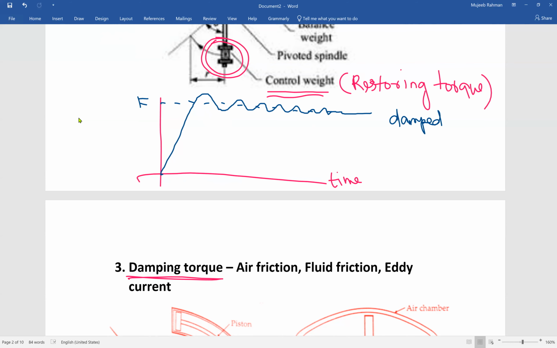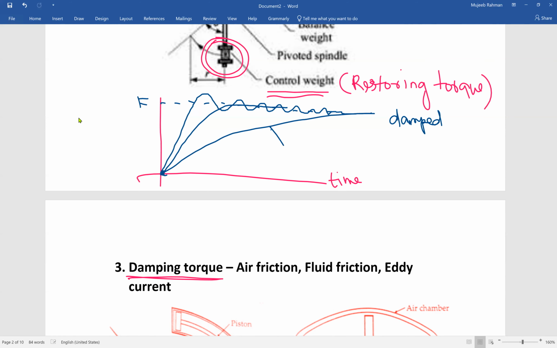Another kind of response is what? It starts from the 0 steady state position and, without any difficulty, reaches the final steady state position, something like this. This is what ideally we want. And sometimes the system will take a long time to reach the final steady state position.